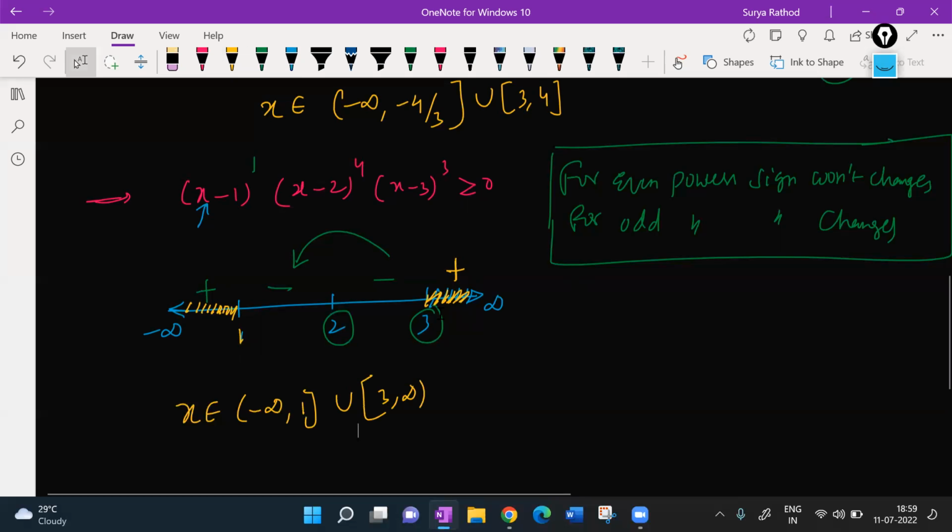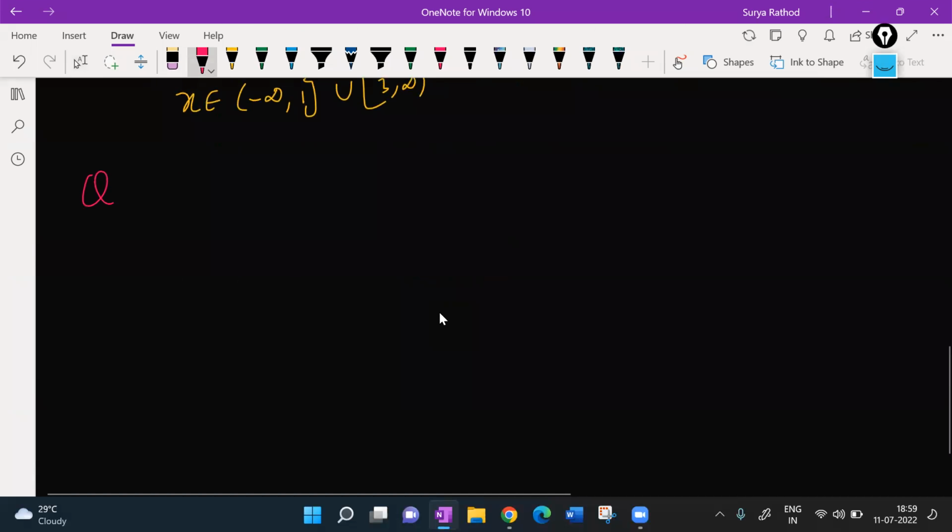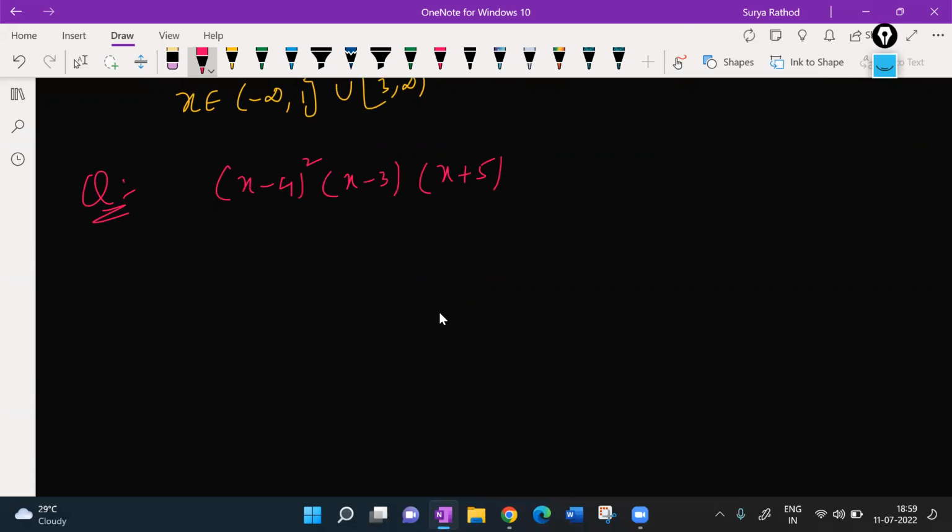Now I'll give one more question. Take any question like x minus 4 whole square, x minus 3, x plus 5 whole cube, or else x minus 4 whole square, 4 minus x, or else x plus 9 whole cube into 5 minus x whole square, whole divided by, or else simply you just take this question, greater than or equal to 0.